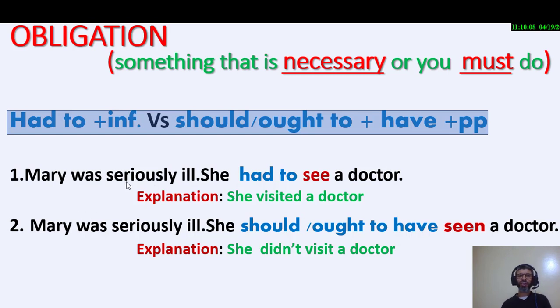So the difference between number 1 and number 2, between had to and should have plus past participle, is that for the first one, it was necessary, this is obligation, and she did the action. But for number 2, she was obliged to go to see a doctor, but she didn't. The action was not performed. Okay, this is for obligation.